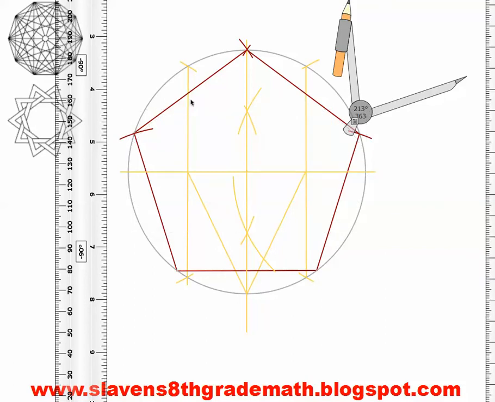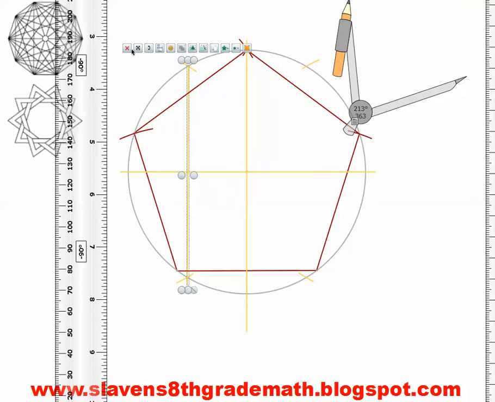I'm going to erase the bird's beak. I'm going to erase these arcs because I don't need them anymore. I'm going to erase this arc and this arc. And I also no longer need these chords. So now my drawing is far, far cleaner. It's helpful to do that.